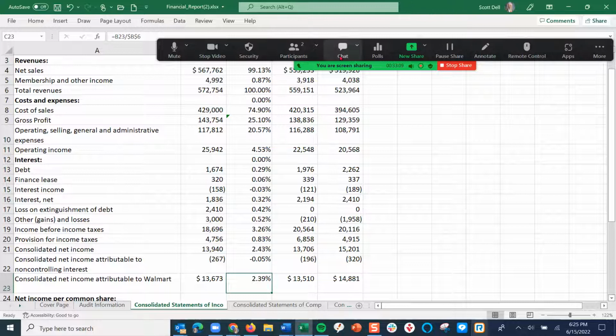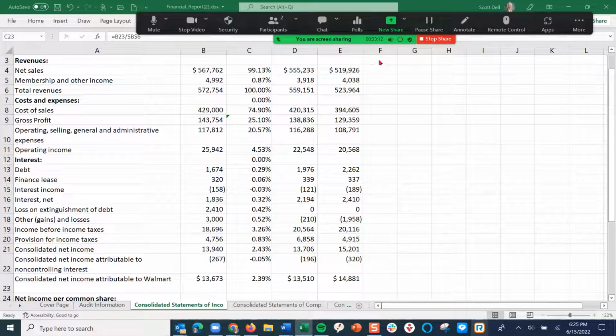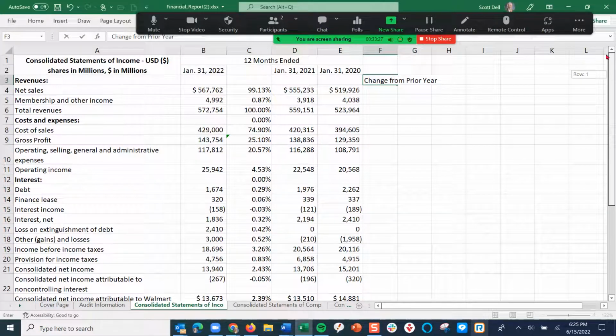Let's look at a couple of other ratios. I want to calculate change. We'll call it change from prior year, and we'll do it for 2021 to 22. We'll do some horizontal analysis. How do I do that?